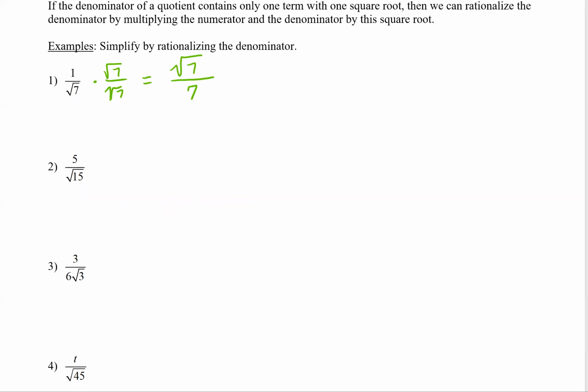Number 2, we want to multiply by the square root of 15 over the square root of 15. So we have 5 square root of 15 over 15. Now we can simplify this because 5 over 15 is the same thing as 1/3.